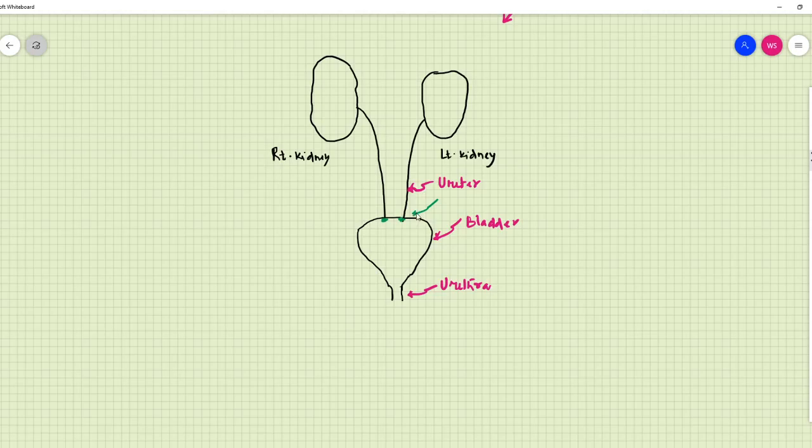Let's label that valve as the vesicoureteral valve. Okay, so this valve basically prevents the urine from going back into the ureter and from there into the kidney. So that is this valve, the vesicoureteral valve.